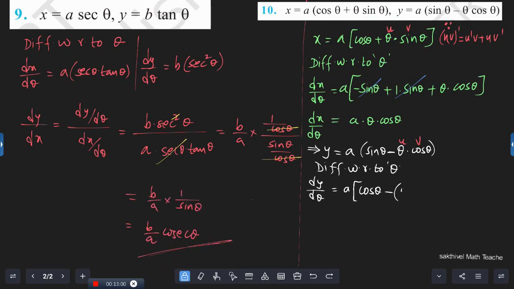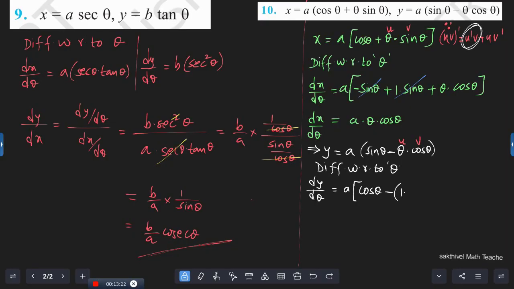Theta when you differentiate, 1. Cos derivative is minus sin. So I'm giving minus sin theta plus theta, sorry, I think I made a mistake. Children listen, what mistake did I make? See, what is the formula? U dash v.